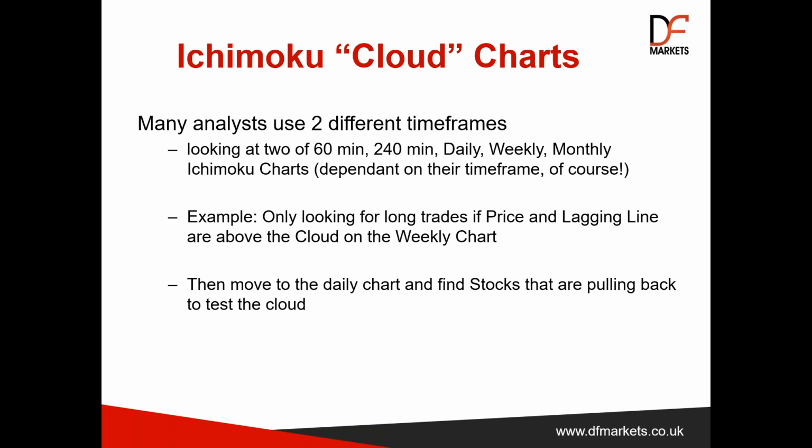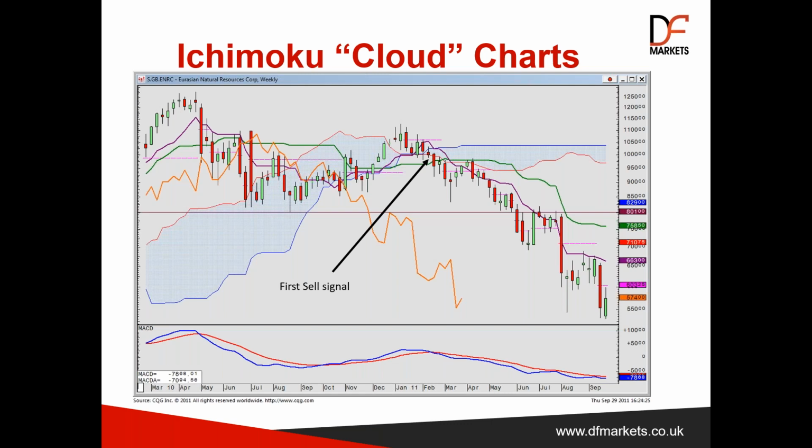So if you are a long only investor, you could arguably use the Ichimoku weekly chart and only look for long trades if price and the lagging line are above the cloud. Then you could move to the daily chart and look at where the cloud is on the daily, to decide where you're going to try and get into the trade. That's an insight into how you could use two different time frames of cloud charts to help with your strategy.